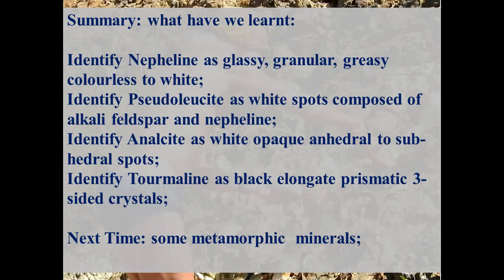The analcite you can identify as this white opaque material, generally anhedral, but it can be subhedral, and it often occurs as spots in these volcanic and minor intrusive rocks of the Paleogene igneous province in the Hebrides.